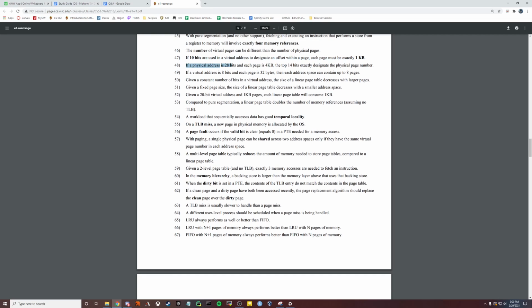48. If a physical address is 28 bits and each page is 4 kilobytes, the top 14 bits exactly designate the physical page number. Physical address is 28 bits. Let me get out my calculator. 2 to the 28th is, oh wow. I don't know, these numbers are so large.